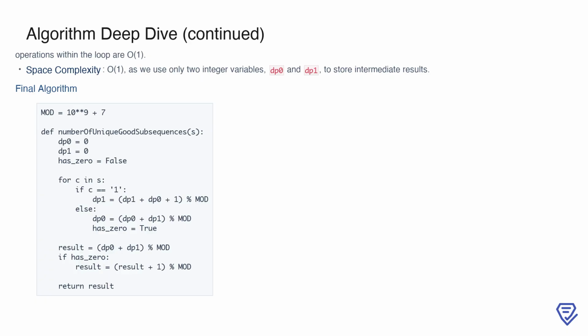If has_0 is true, we add 1 to the result to account for the single character subsequence 0. This approach ensures that we calculate the total number of unique good subsequences efficiently and correctly. Here's the Python implementation of the algorithm, which translates these steps directly into code. By following this logic, we achieve an optimal solution to the problem.